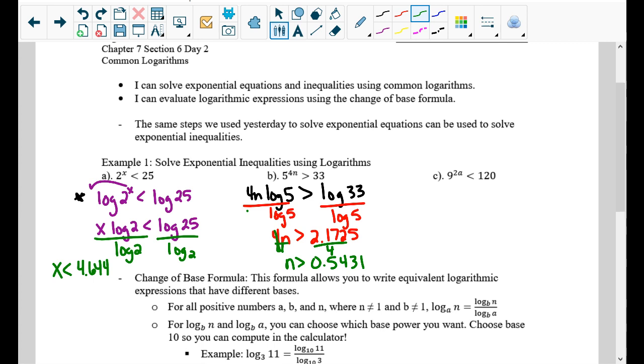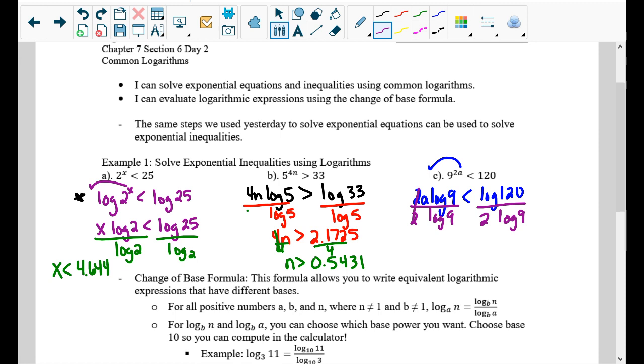So in letter C, I'll show you how we can divide by everything at one time. Example C here, again, I'm going to move this exponent to the front, so I have 2a log 9 less than log of 120. To get the a by itself, we're going to divide by 2 log 9.